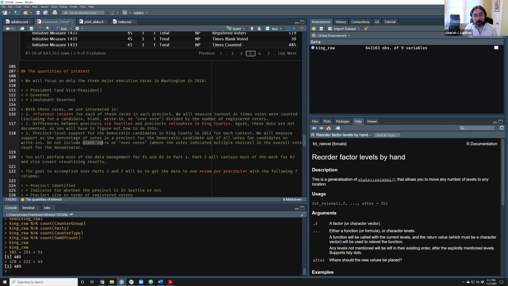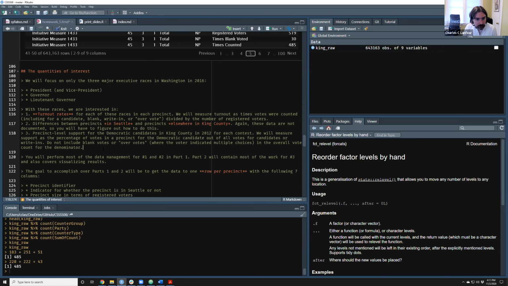But we don't want blank votes. That's people who didn't cast a vote for president, or overvotes. And overvotes are where people cast multiple votes within it. So somebody simultaneously voted for the Democratic and the Republican, it was thrown out. And so we wouldn't want those. But those ones are already in sum of count.